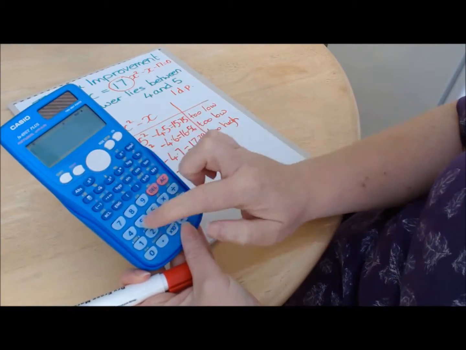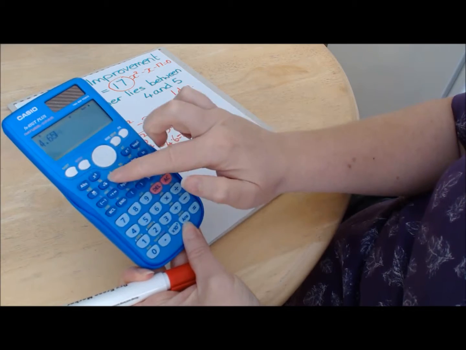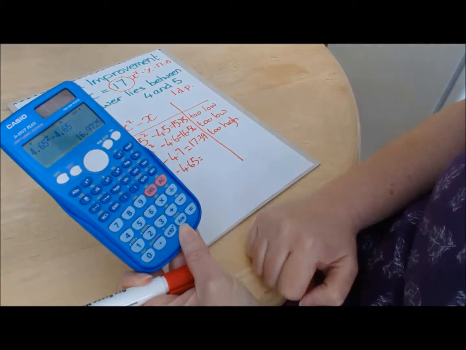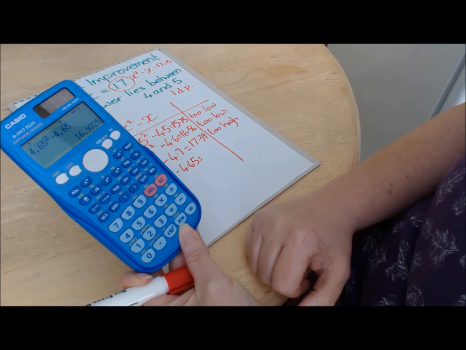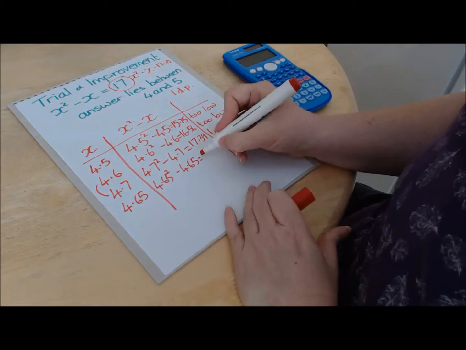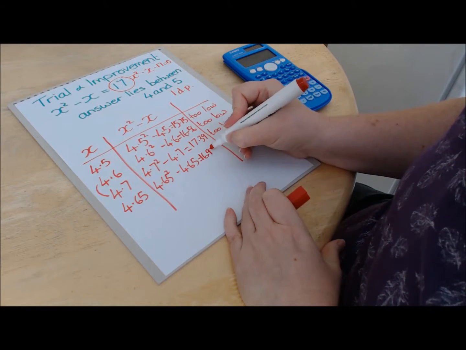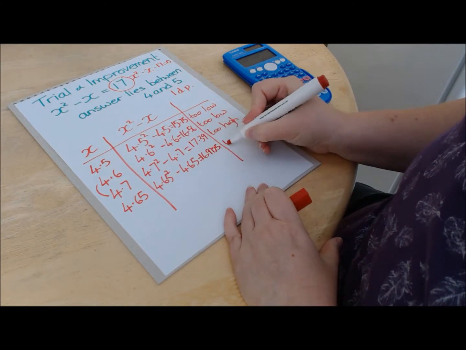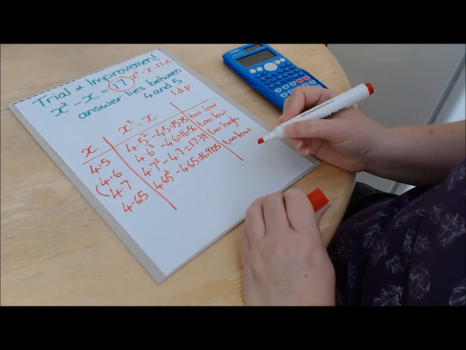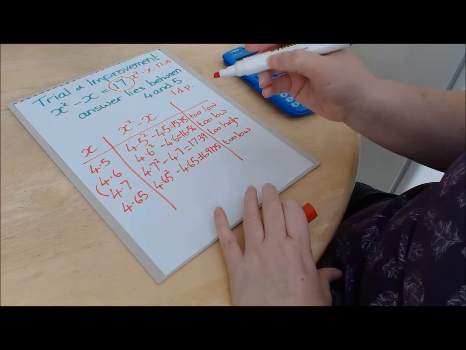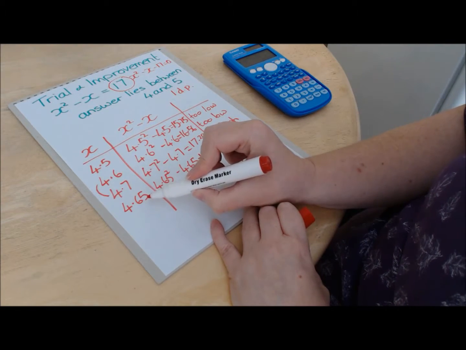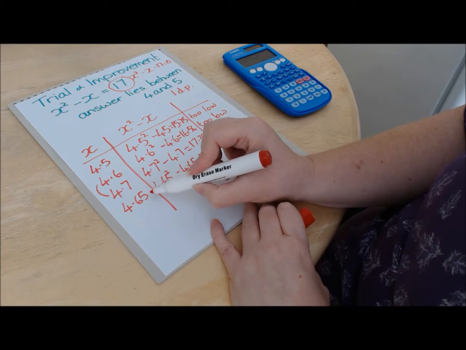So we've got 4.65 squared minus 4.65, and that equals 16.9725, which is too low because we're aiming for 17. So what does that tell me? It tells me that to 2 decimal places the answer is bigger than 4.65.